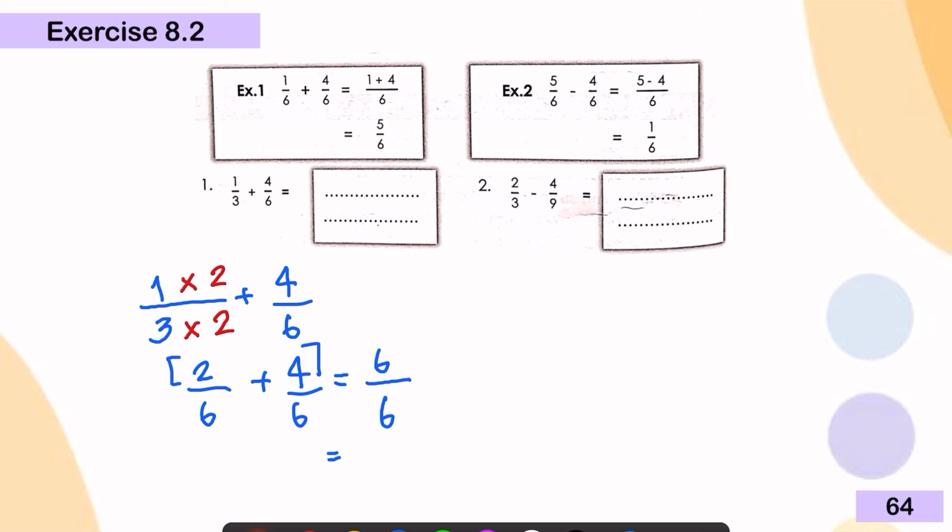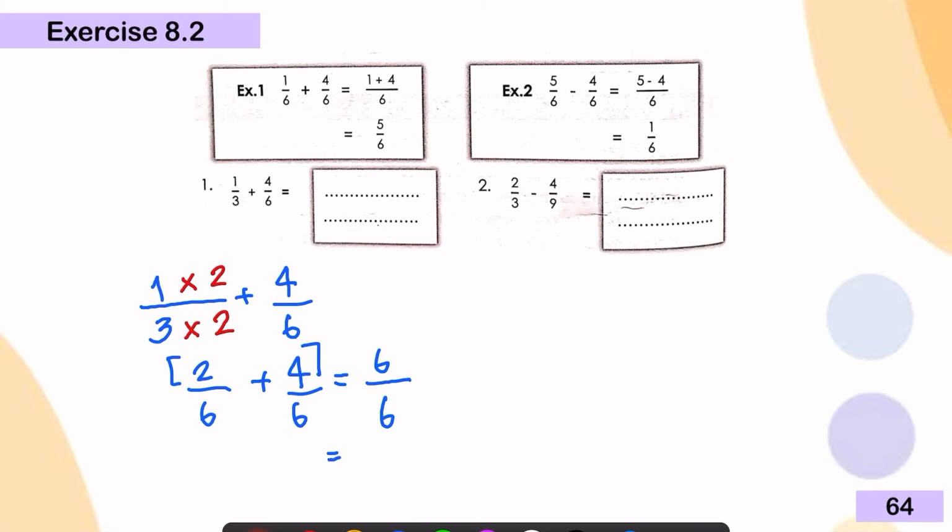Can you tell me 6 over 6 is a proper fraction or an improper fraction? Okay, 6 over 6 is an improper fraction. Do you remember from the last time? When the numerator is greater than or equal to the denominator, we call it an improper fraction.